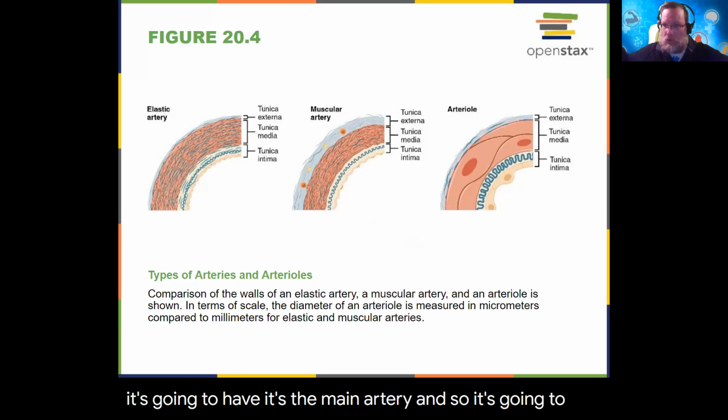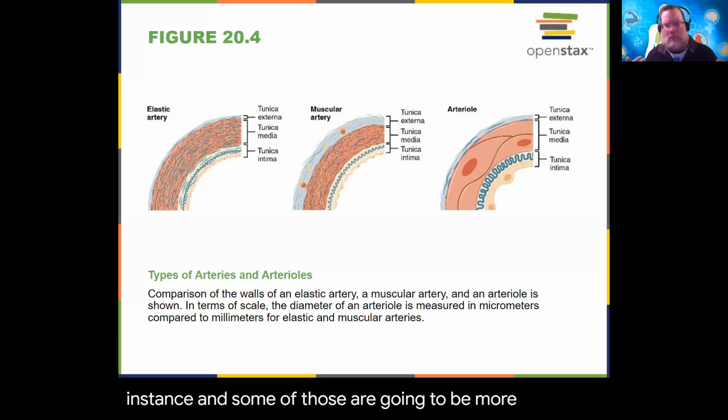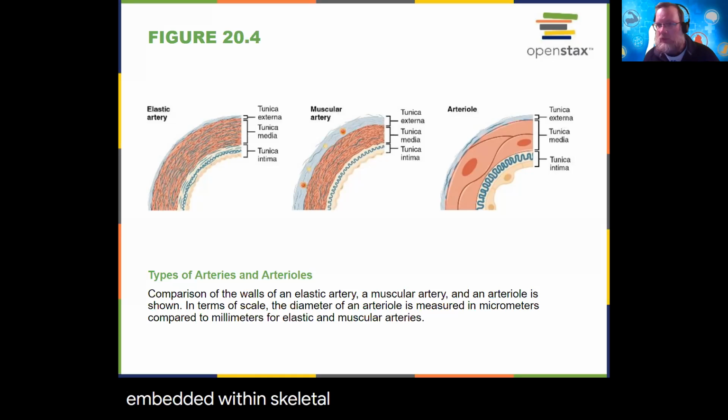And so it's going to have branches that come off of it, and those are going to be called distributing arteries. So we're going to have distribution arteries that go out to the appendages, for instance. And some of those are going to be more embedded within skeletal muscle. So their arteries are generally quite a bit more protected than veins.